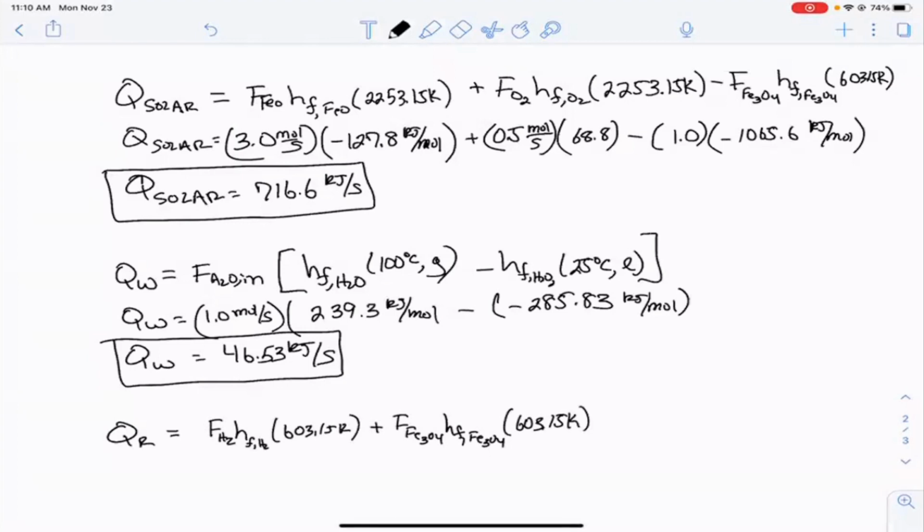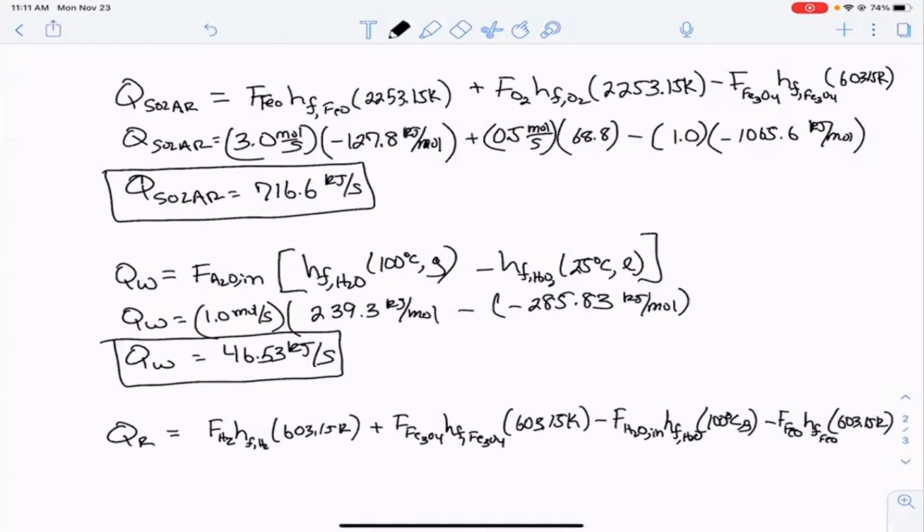And then now minus the stuff that was entering. So that's the flow rate of water that was entering at 100 degrees C, right, in the gas phase. Then minus the flow rate of FeO times the heat of formation of FeO at the lower temperature.